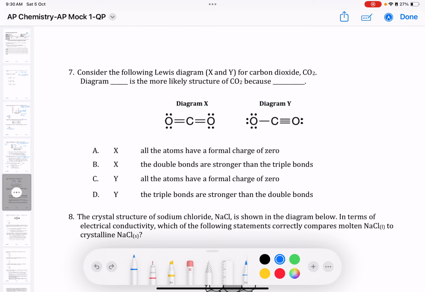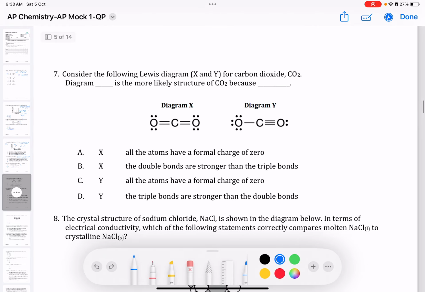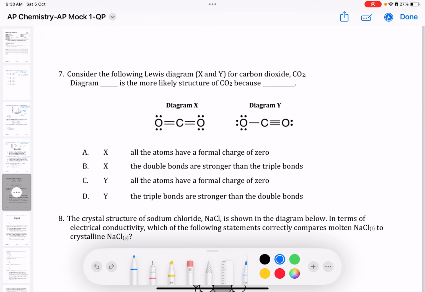When we do Lewis structures, we always consider the formal charge, which will help us determine the most stable structure. I'm going to go through the steps of drawing and explain how we get the formal charge, so that you can know why C is the correct answer.